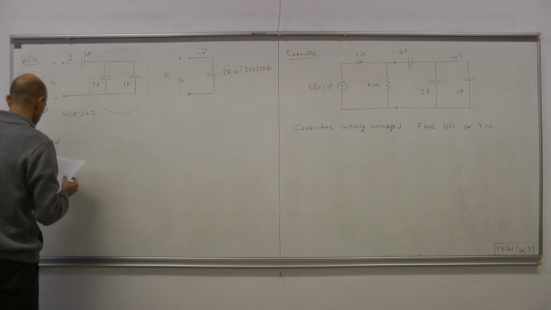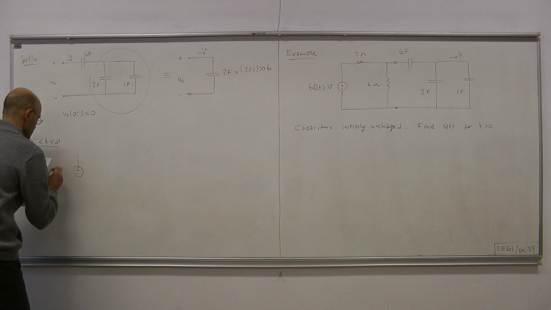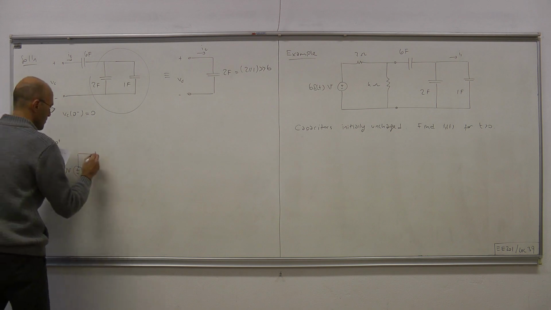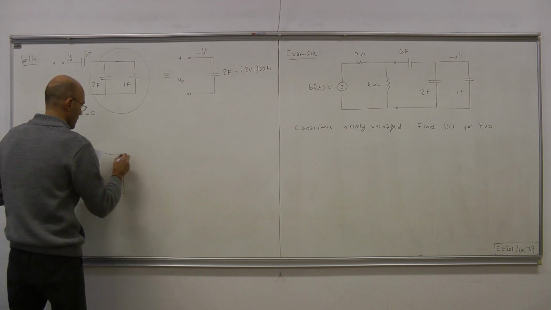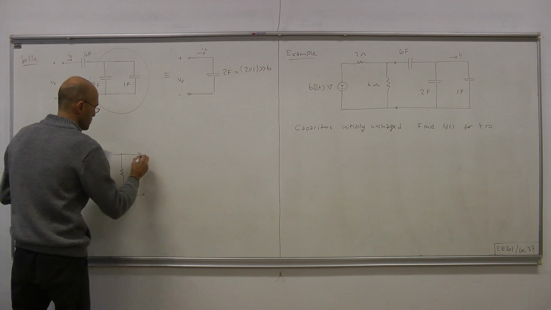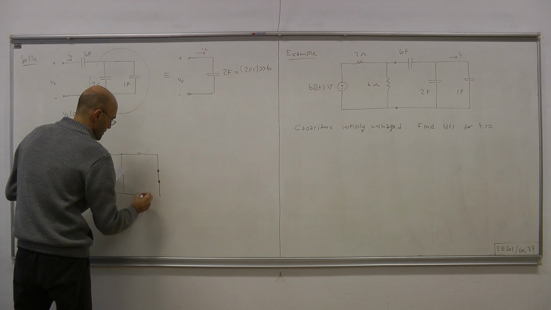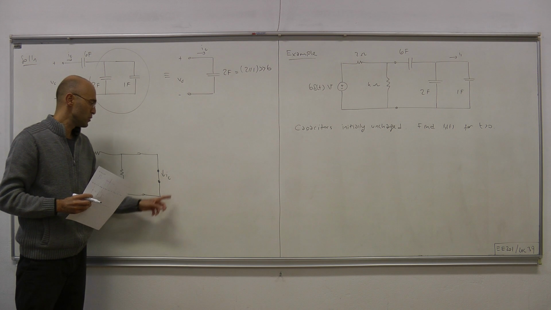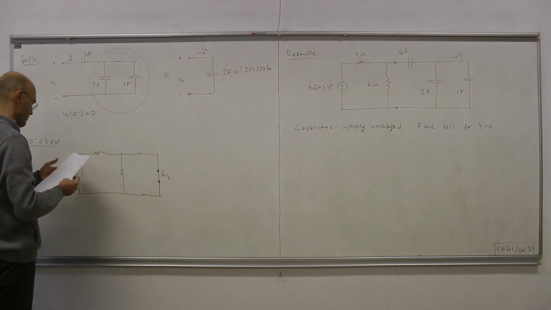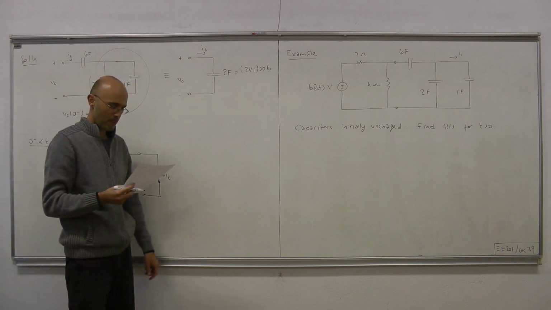Okay, so in summary, to find the capacitor current, we replace the capacitor with a short circuit and compute the current flowing over this wire. 2 ohms, 4 ohms.